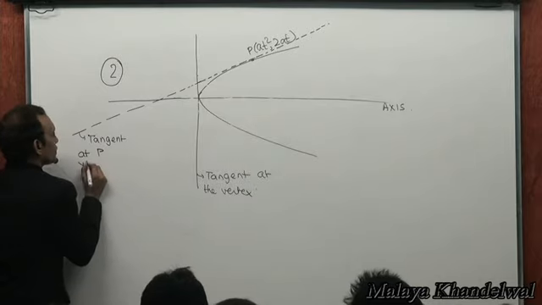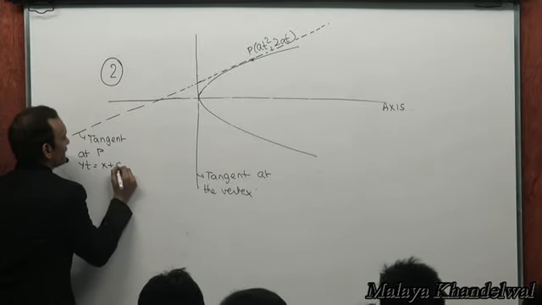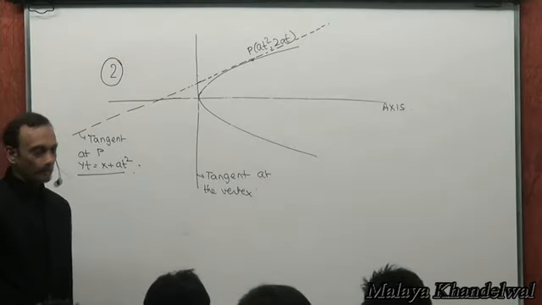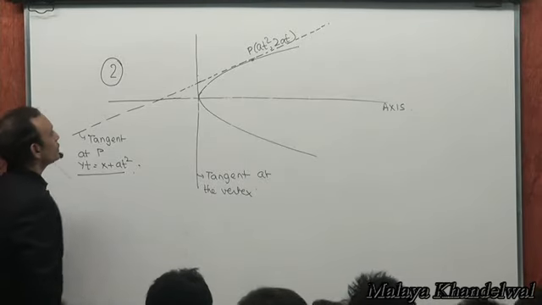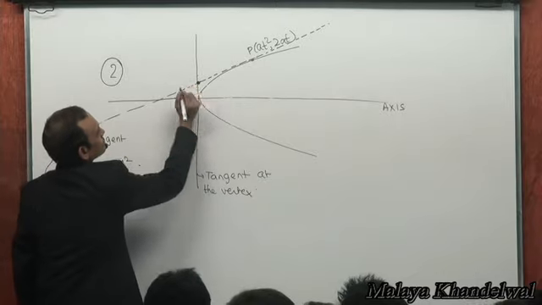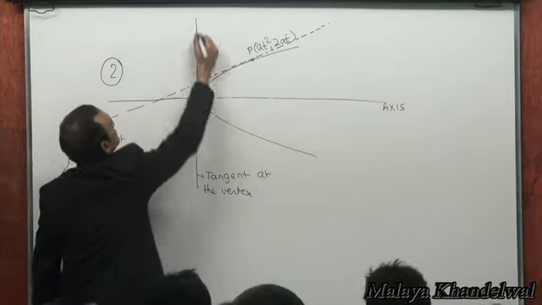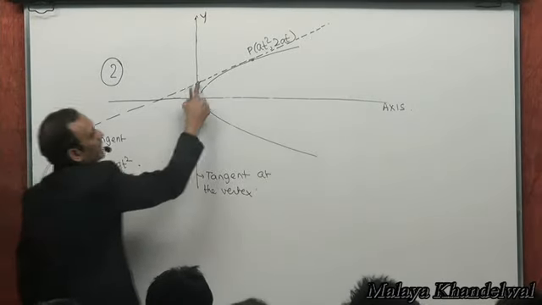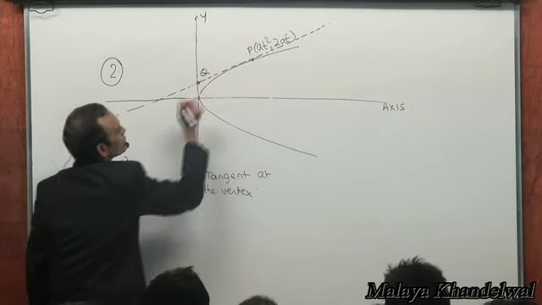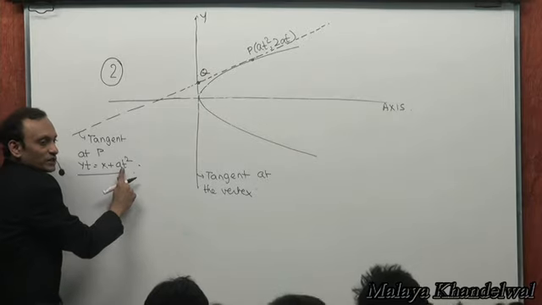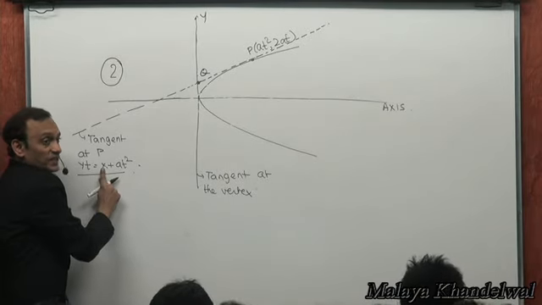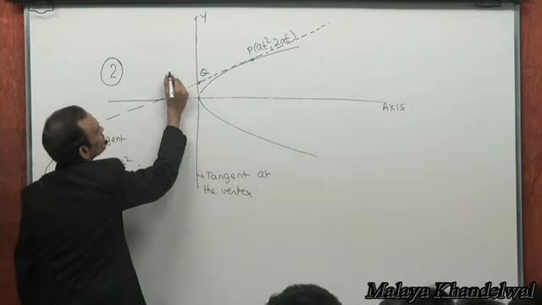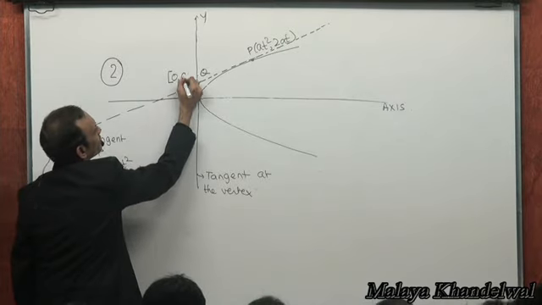Its equation is yt = x + at squared, the equation of the tangent at some t. To find the intersection with the tangent at the vertex, which is the y-axis, put x equal to 0 and you get this point Q. Put x equal to 0, y will turn out to be at. So what are the coordinates of Q? (0, at).